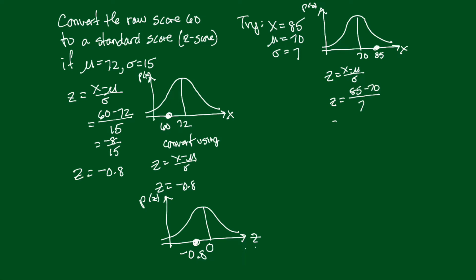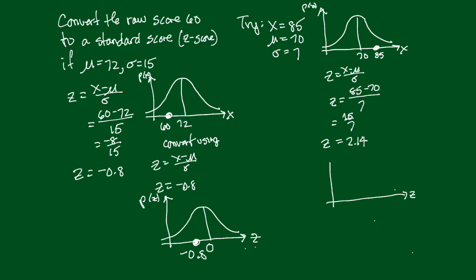So this gives us 15 over 7. What do we get here? 15 divided by 7 is 2.14. I'm just going to round off. So what we get is this picture here.